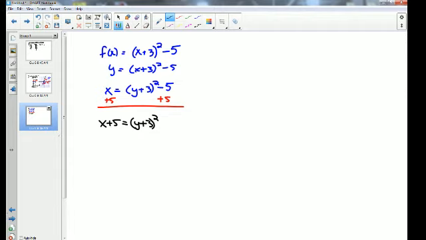Okay, so just be careful here because when you square root a squared, you have to consider the positive and the negative case. And this is why: because we can have a negative squared or a positive squared and it gives us the same answer, right?